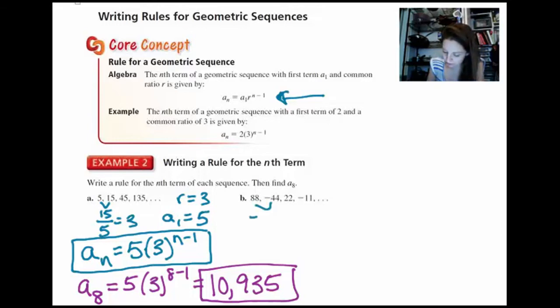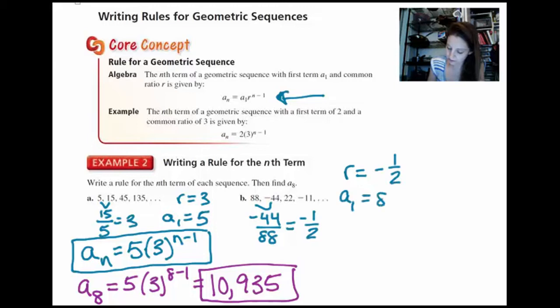I will take negative 44 divided by 88 to get the common ratio of negative 1/2. So my r is negative 1/2. My first term is 88. Therefore, my rule is a sub n equals the first term, 88, times negative 1/2 to the n minus 1 power.